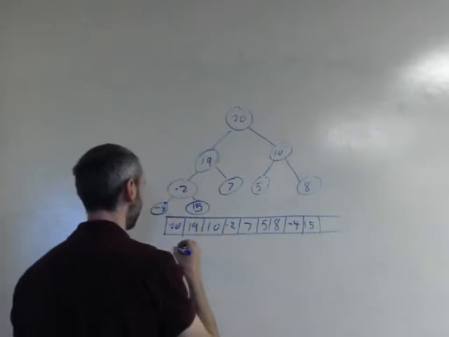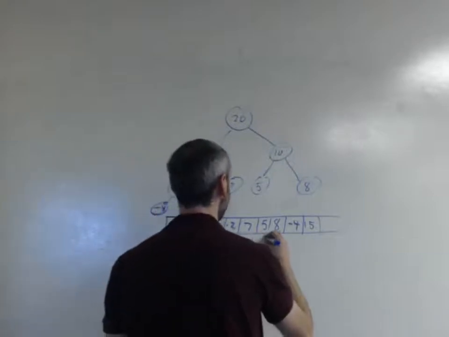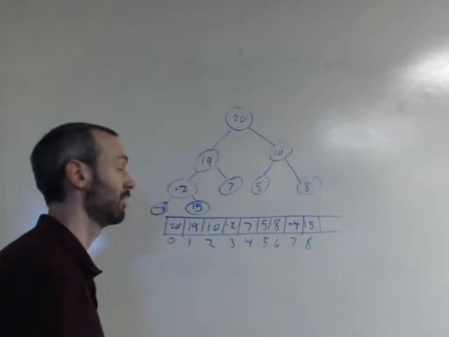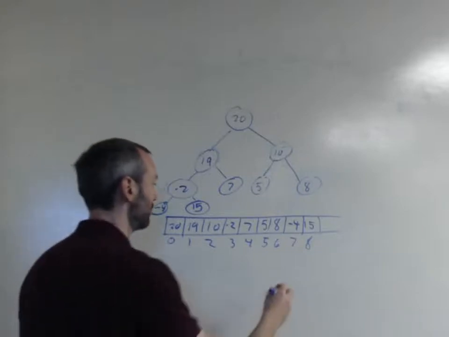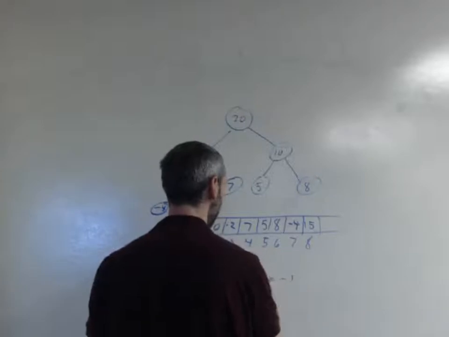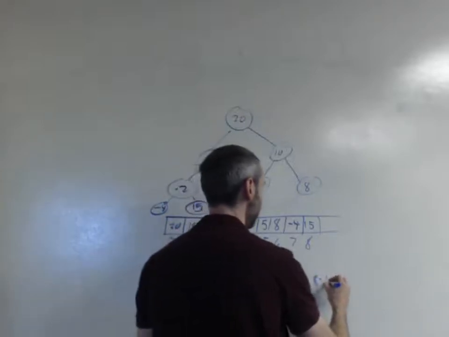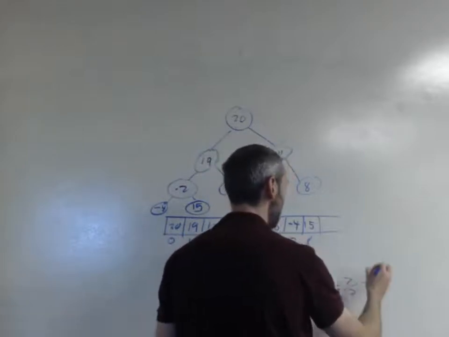How can we do that? Well, 0, 1, 2, 3, 4, 5, 6, 7, 8. Those are the indexes, right? You go to half. You actually do (index - 1) over 2, which is equal to (8 - 1) over 2, which is equal to 7 over 2.